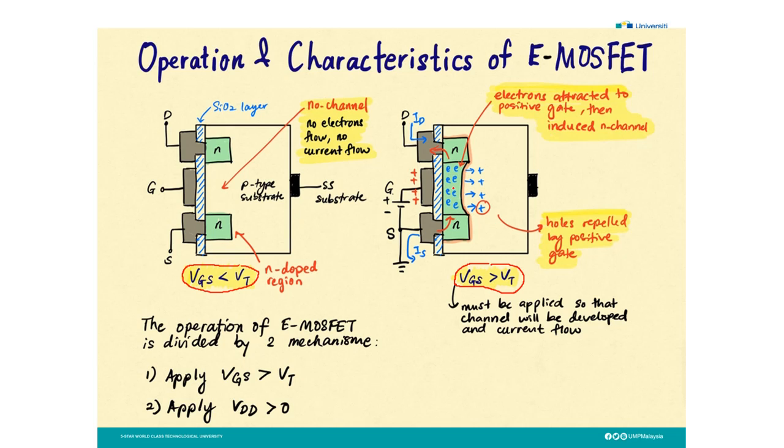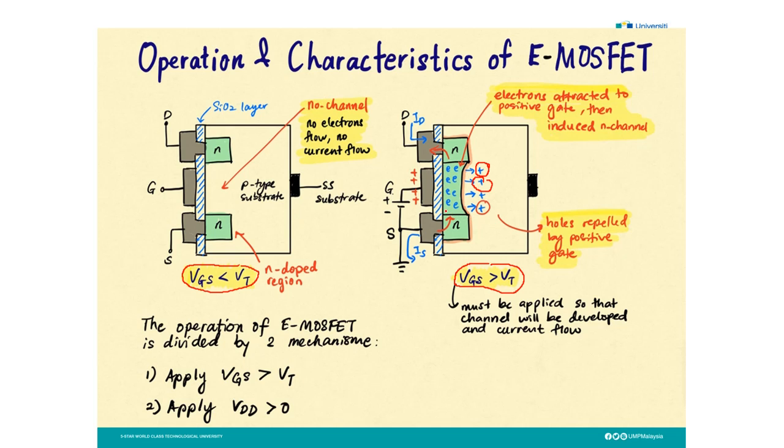So actually in the N channel there are a lot of electrons. Okay, and what happened with the holes in the P channel? The holes in the P channel will be pushed away. And then what happened? The electrons in the P channel, because we still have electrons as a minority in the P channel, will gather near this region.